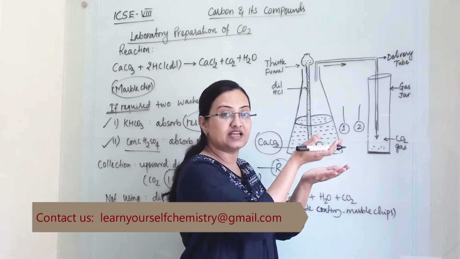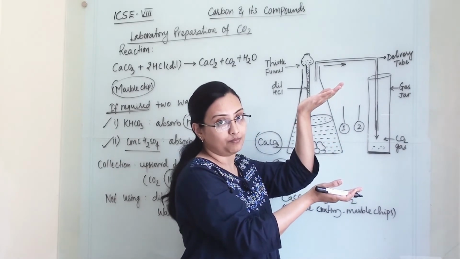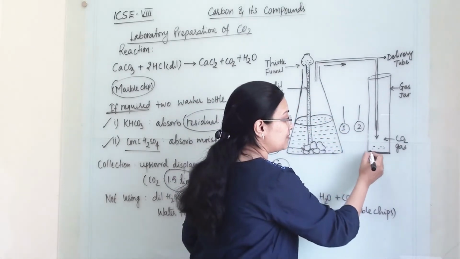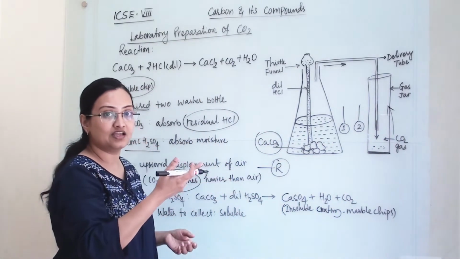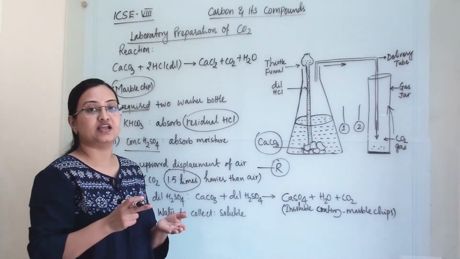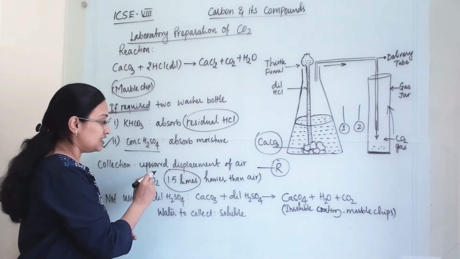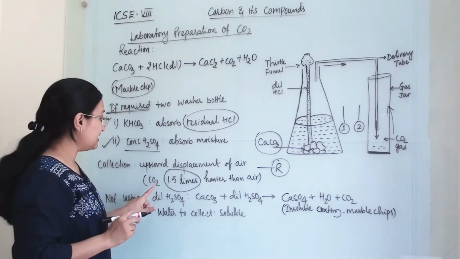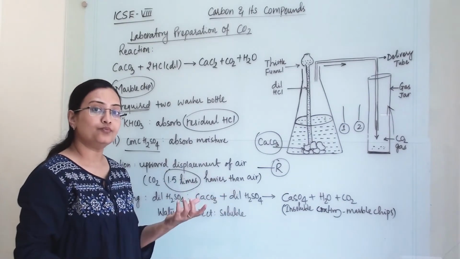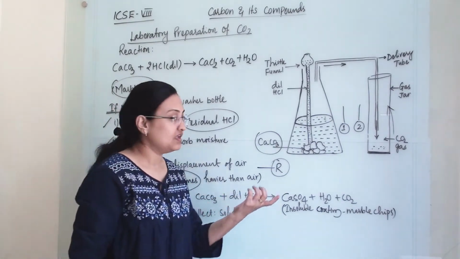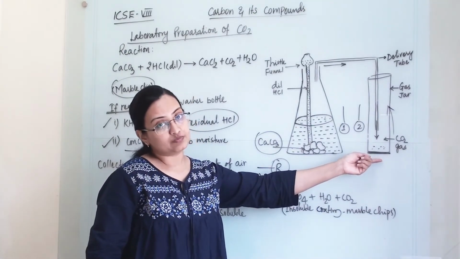Because carbon dioxide gas is heavy, it will remain down and air will be lifted up. So that space will be covered by carbon dioxide gas and air will go up. So we say that we are collecting carbon dioxide gas via upward displacement of air. Here you can write the answer that carbon dioxide gas is 1.5 times heavier than air, so it is quite heavy. That's why we can collect carbon dioxide gas via upward displacement of air.